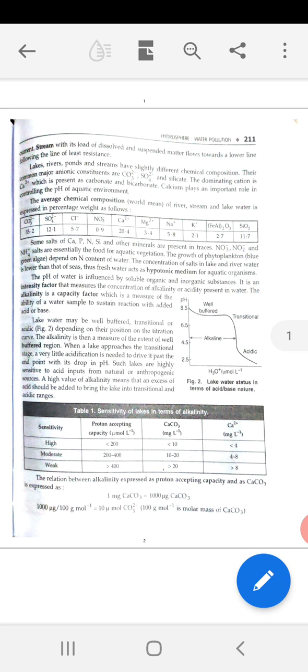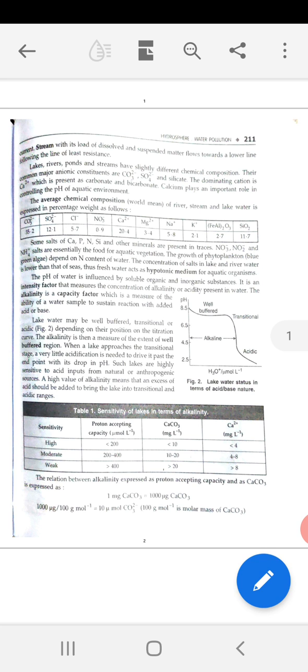Moderate is when proton accepting capacity is from 200 to 400, calcium carbonate from 10 to 20, and calcium ion from 4 to 8. Similarly, sensitivity will be weak when it is more than 400, calcium carbonate more than 20, and calcium more than 8.